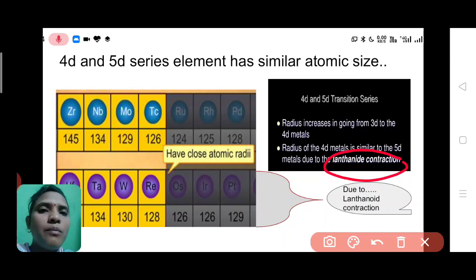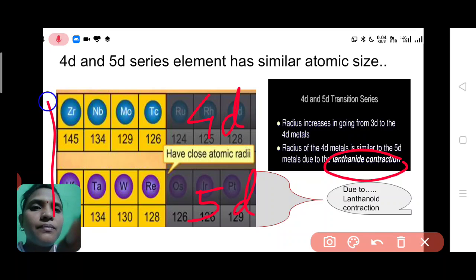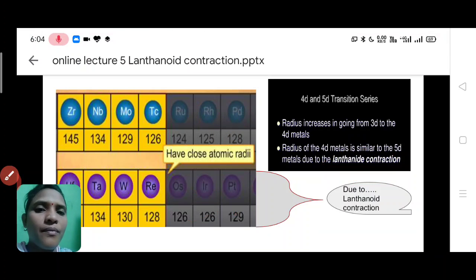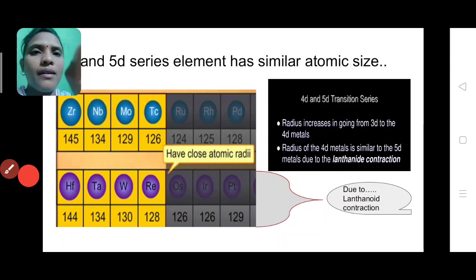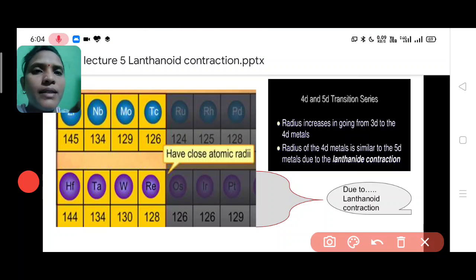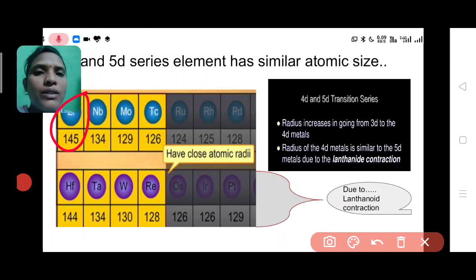See in this picture, these are 4D metals and these are 5D metals. Here, zirconium has 145 pm atomic size and hafnium has 144.